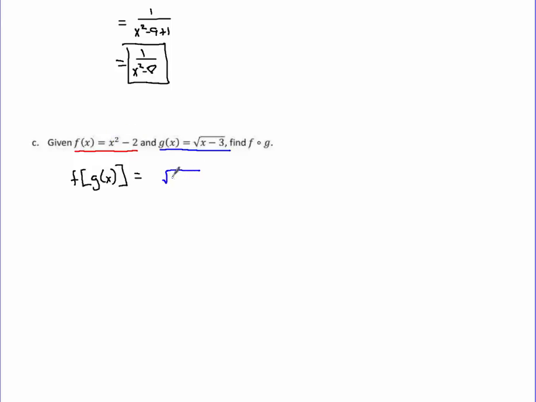So we'll do square root of x minus 3. That's our g of x plugged into f of x is going to get squared minus 2. So the square root of x minus 3 squared is just x minus 3 minus 2 is x minus 5. And that is compositions of functions.